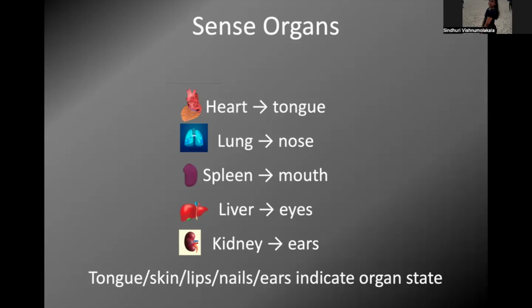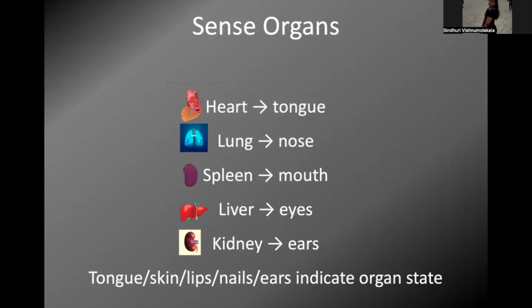So these sense organs represent one particular internal organ, where the color or texture can be seen and the condition of the internal organ understood. It is basically used as a diagnostic tool to understand the internal body condition.